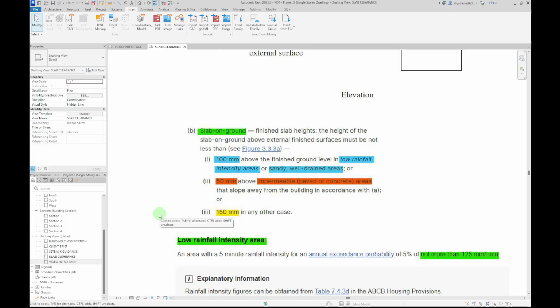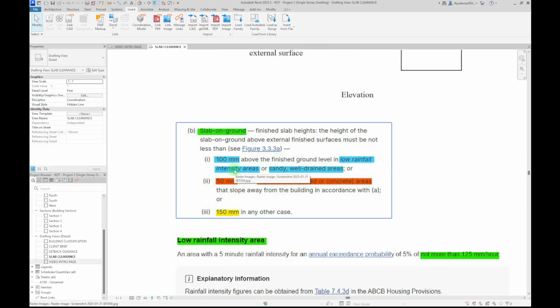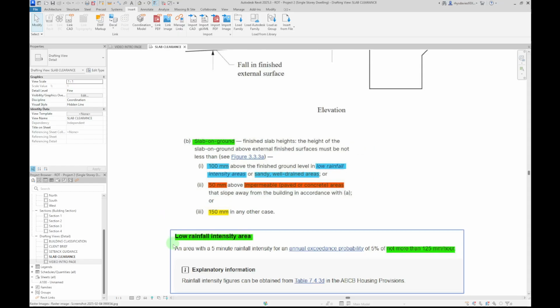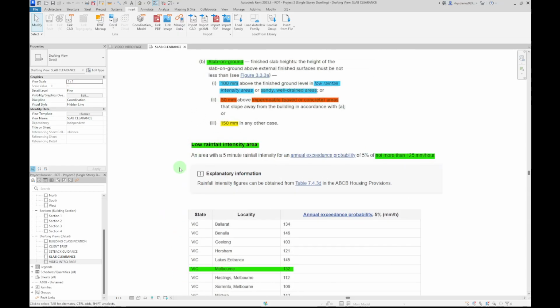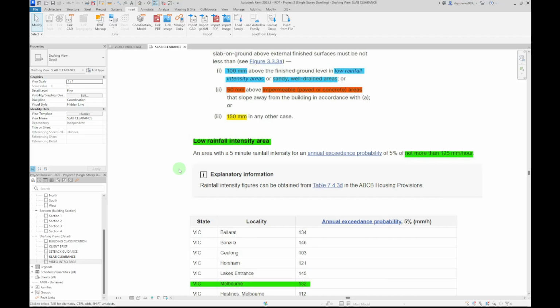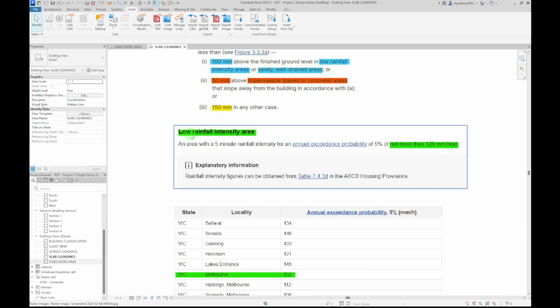Now the question is, how do we know if we are in a low rainfall intensity area? First things first, in the NCC, we have to go and find a definition. The definition within the NCC for a low rainfall intensity area is an area with a 5-minute rainfall intensity of an annual exceedance probability of 5%, not more than 125 millimeters per hour.